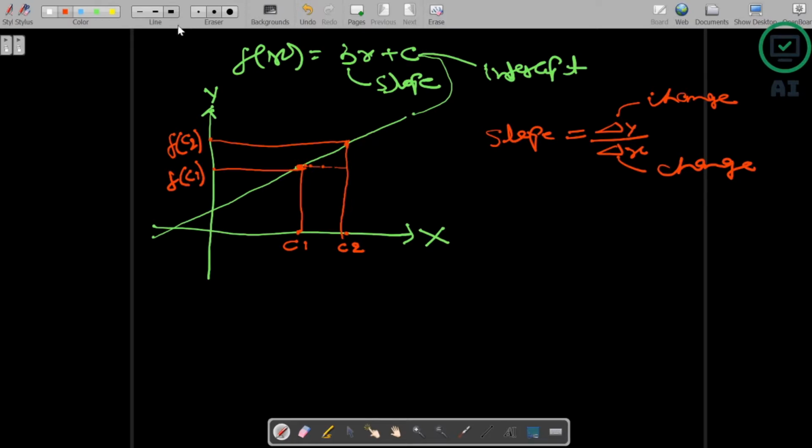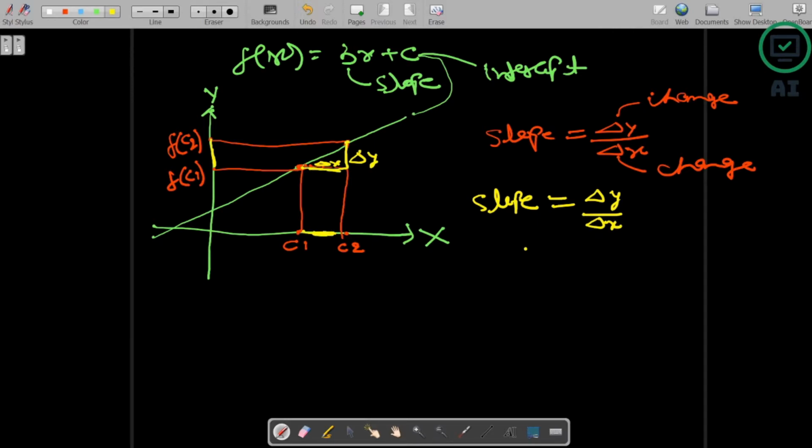This is the change here, and we call this change delta x, and the change in y is this delta y. So delta y is this part, and delta x is this part.